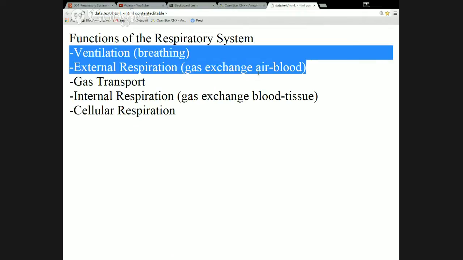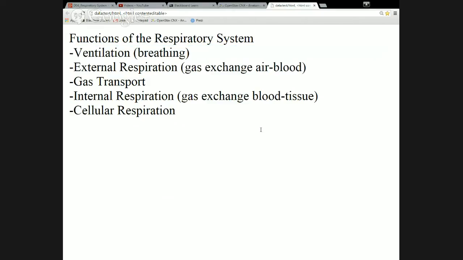Once gases have been exchanged from the air to the blood, they're transported through the cardiovascular system out to all the various tissues of our body, which is where internal respiration takes place. And then cellular respiration is just talking about the underlying chemistry behind having these gases on hand.